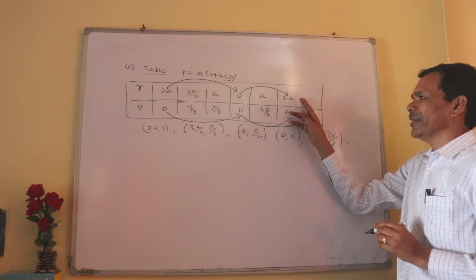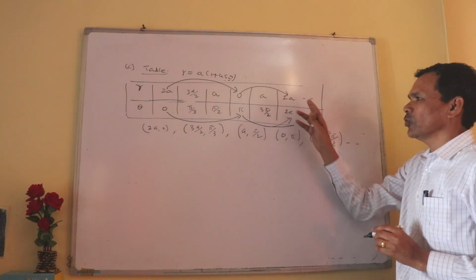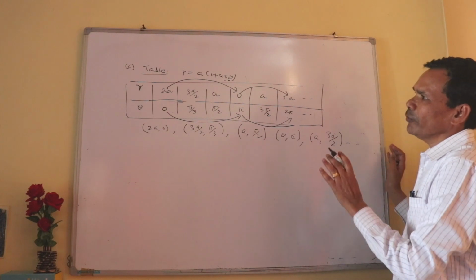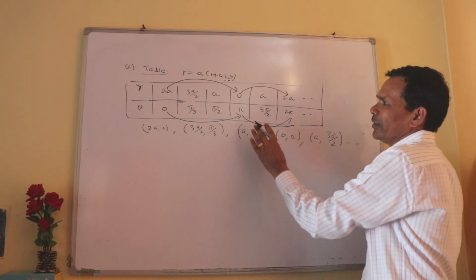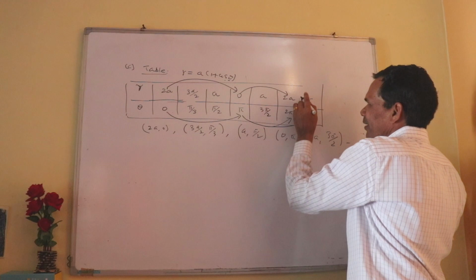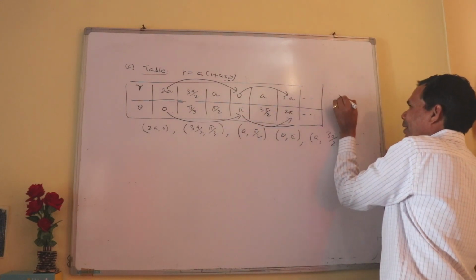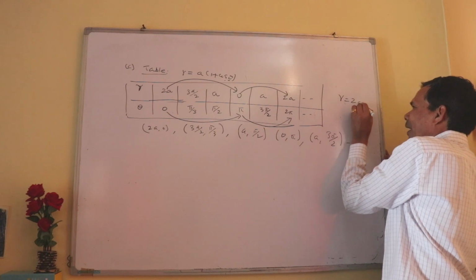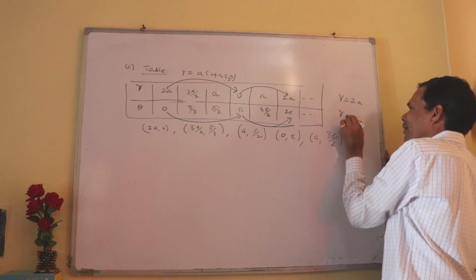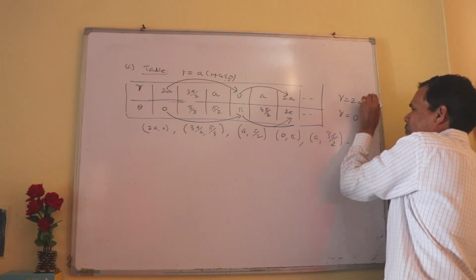That is, the length of the radius vector increases from 0 to 2 times a. So the maximum value of r is 2 times a, and the minimum value of r is 0.